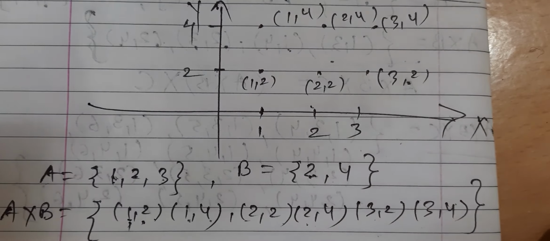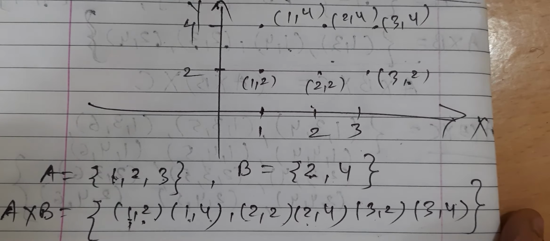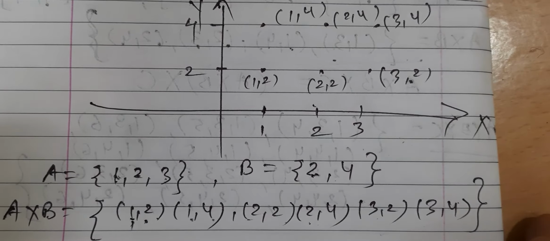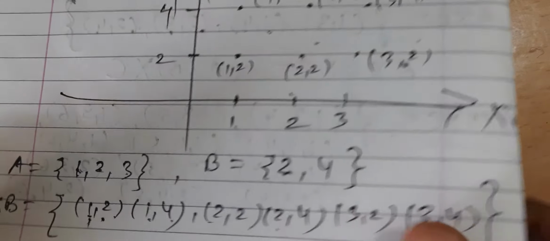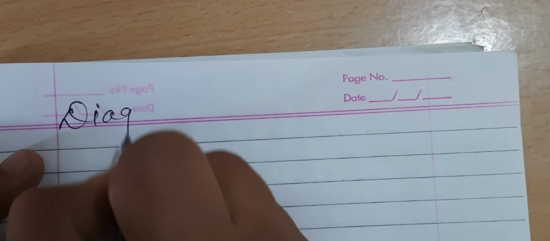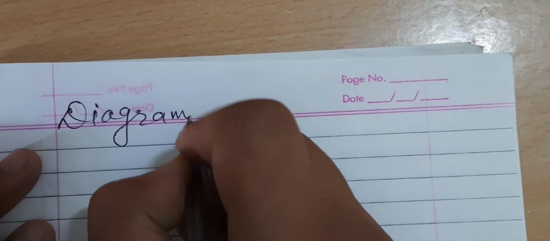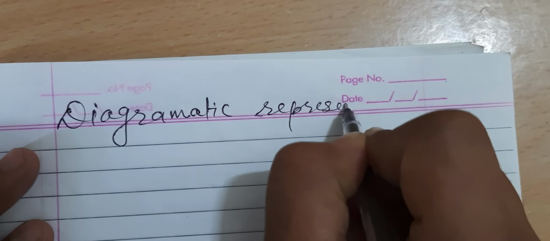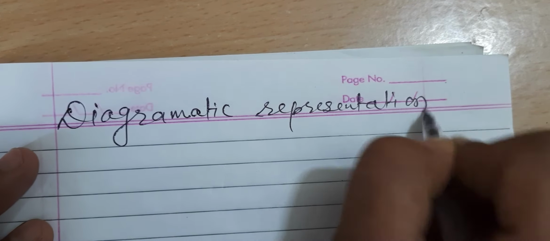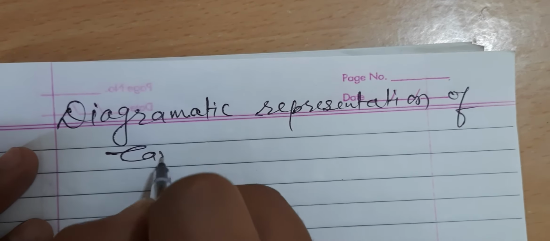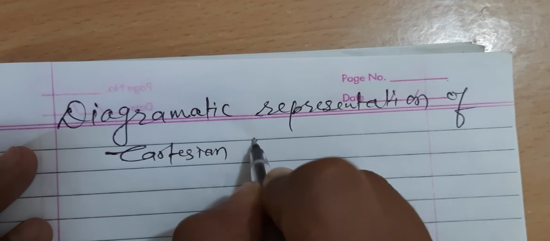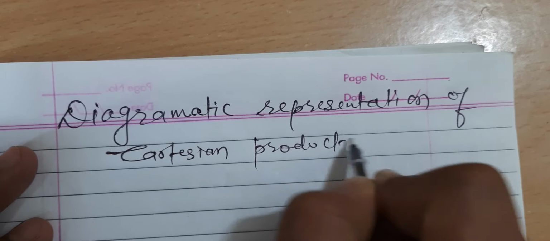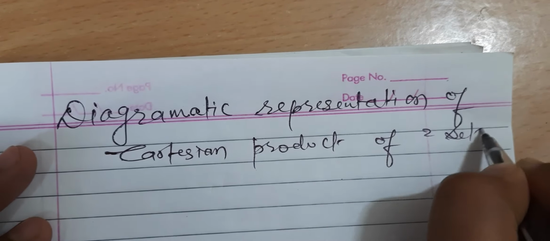Now how to represent this Cartesian product of two sets by an arrow diagram? This is new for you. So diagrammatic representation of Cartesian product of two sets.